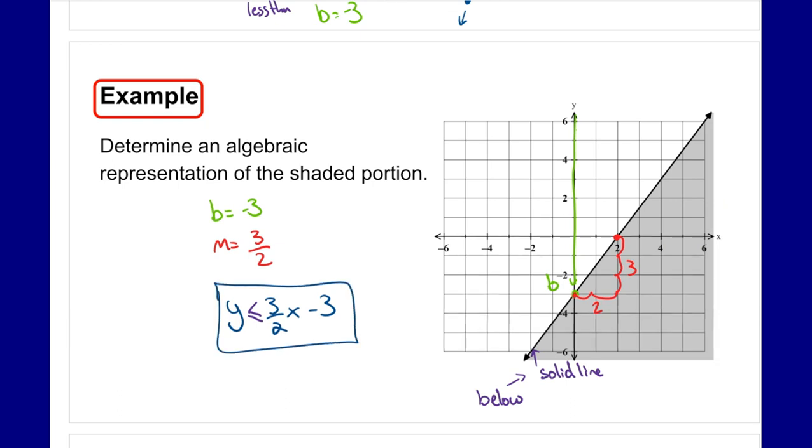So we're going to determine the equation of a line similar to what we've normally done. And then when we look at the inequality portion, we look at which portion of the graph is shaded, above or below. Above is greater, below is less than. And then we look to see if it's a solid or dashed line.